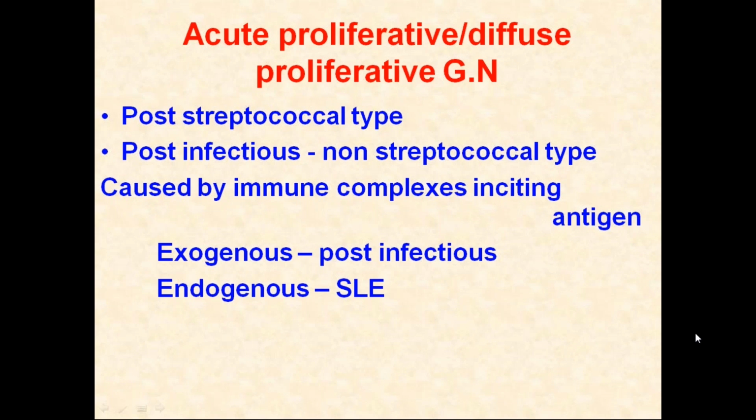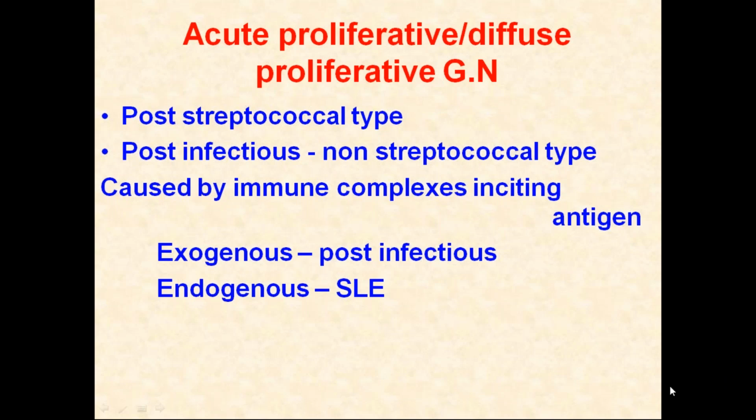It is the post-streptococcal type or post-infectious non-streptococcal type, caused by immune complexes with an inciting antigen. The agent can be exogenous, which is post-infectious, or endogenous, like SLE.